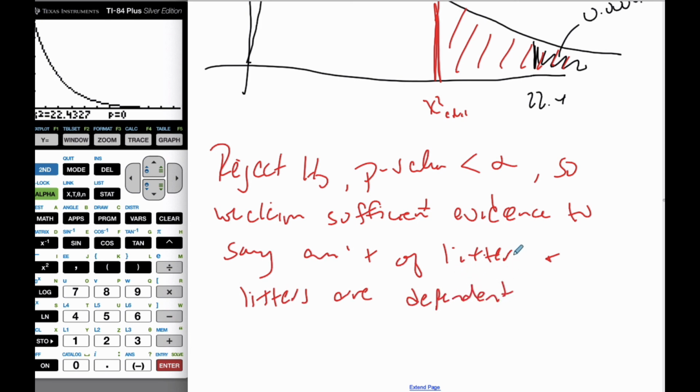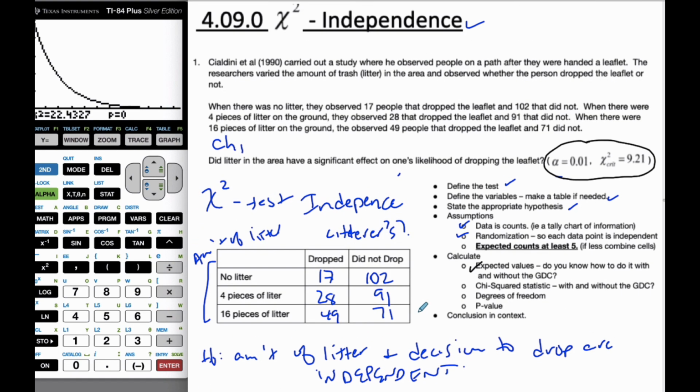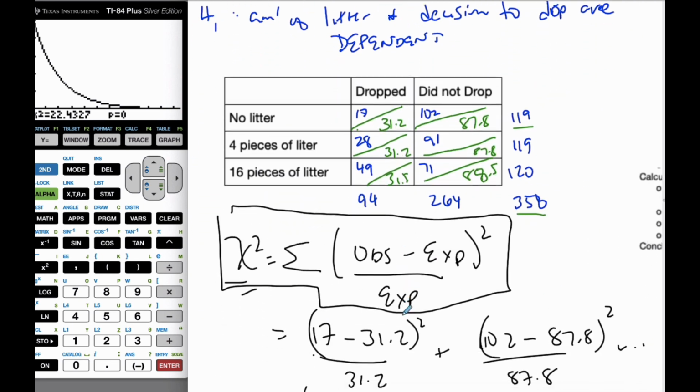So meaning the more litter, the more likely people will throw trash down on the ground. And so this is our chi-squared independence. The calculator will do a lot of the work, and there's lots of steps that you should do with and without your calculator or know how to do them.